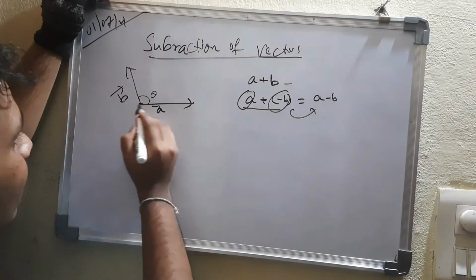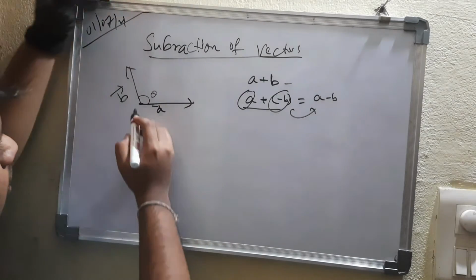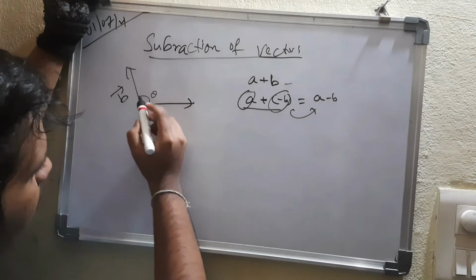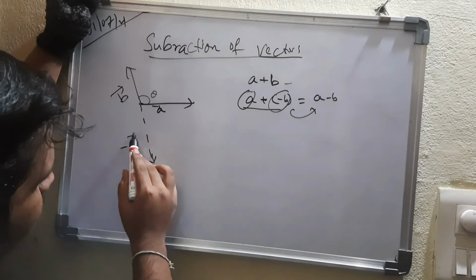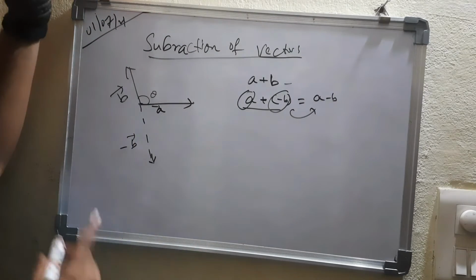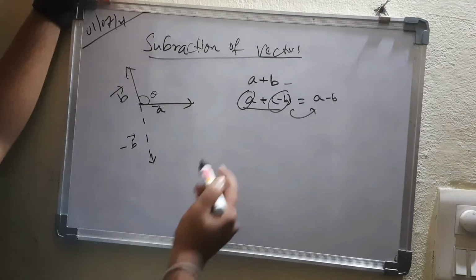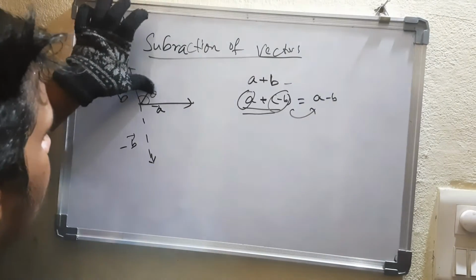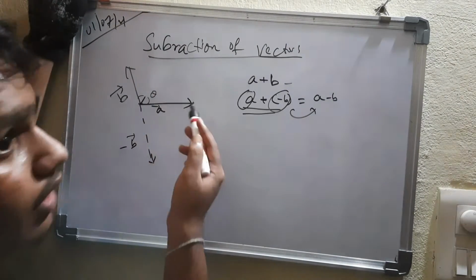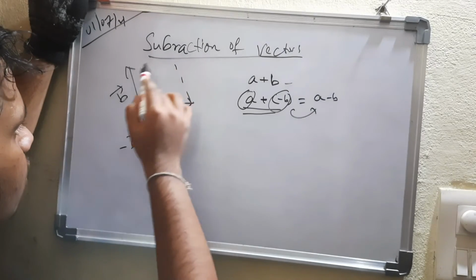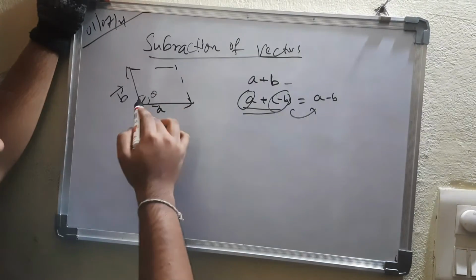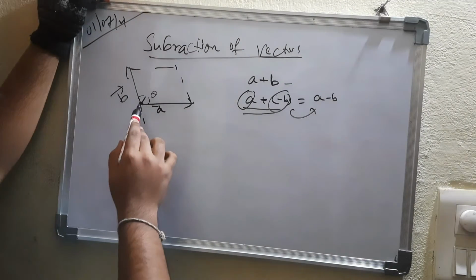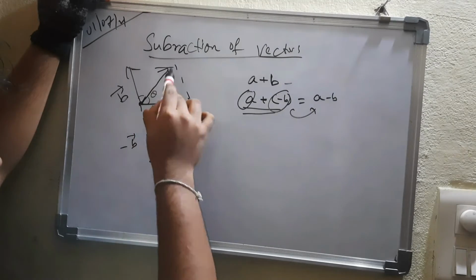Now for this B, minus B goes in the opposite direction, right? This is B and this will become minus B. If we add these two vectors, we will get the subtracted quantity. Complete the parallelogram. Oh, we cannot draw a parallelogram actually. We can draw. This will be the resultant from the intersecting point till here.